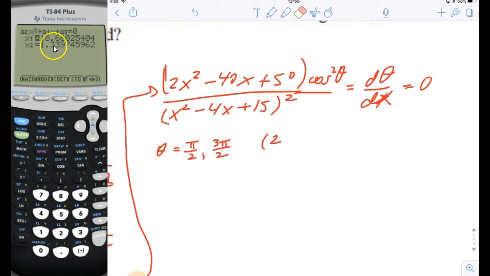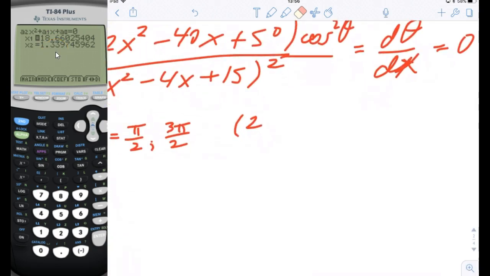Okay, and then just to get some decimals here, we have 18.66 and 1.34. We're going to write both of those down, and then we'll analyze them to see which ones are actually good numbers. So x equals 18.7 or 1.34.